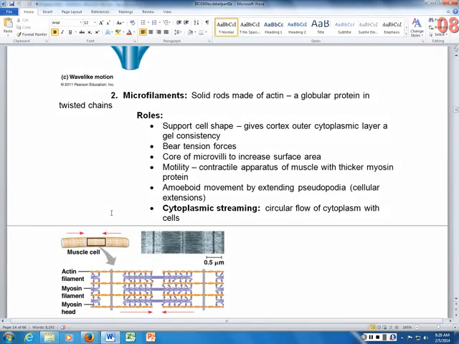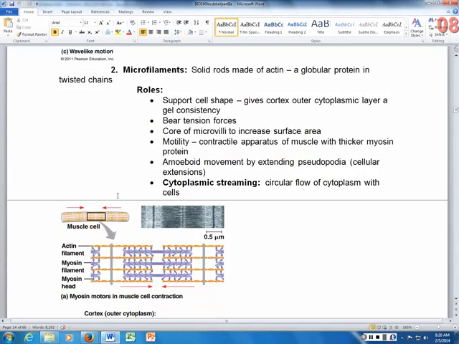So the microfilaments are going to be smaller. These are solid rods made of the protein actin. It's a globular protein that you see in twisted chains. You'll have actin in your muscle fibers. It helps to support the cell's shape. It's going to help give it a consistent gel kind of consistency. It helps to bear tension forces so that the cell can stretch.